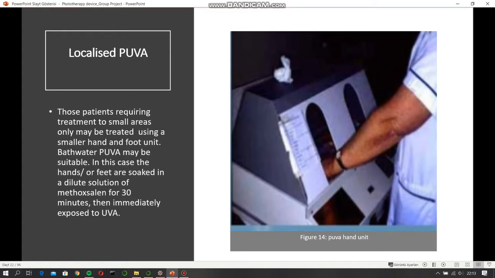For localized PUVA, those patients who require treatment to small areas only may be treated using a smaller hand and foot unit. Bath-water PUVA may be suitable.